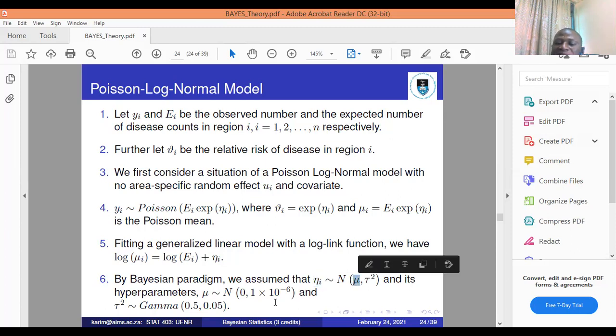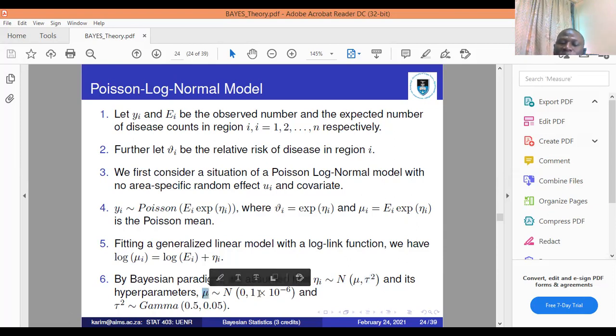So the mean has its distribution, and the tau, that is the variance, will also have its distribution. We are saying that the mean is normally distributed, and the variance has a gamma distribution with alpha equal to half and beta equal to 0.05.